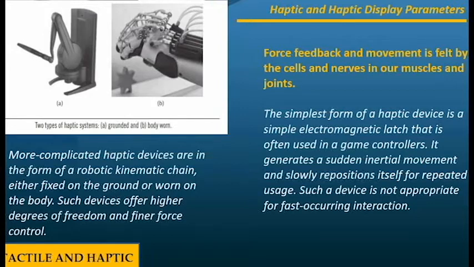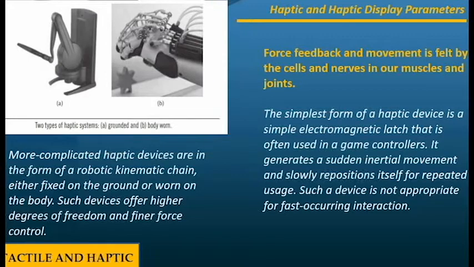It generates a sudden inertial movement and slowly repositions itself for repeated usage. So such a device is not appropriate for fast occurring interaction, like the game controllers and joysticks.